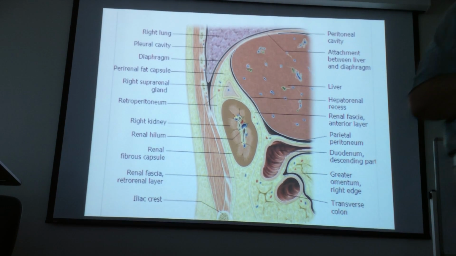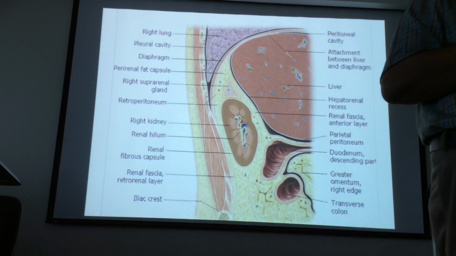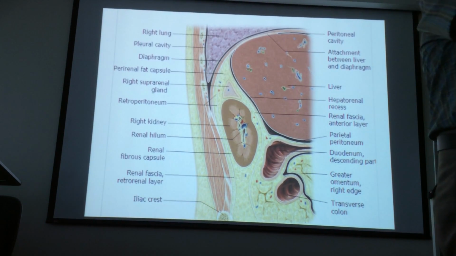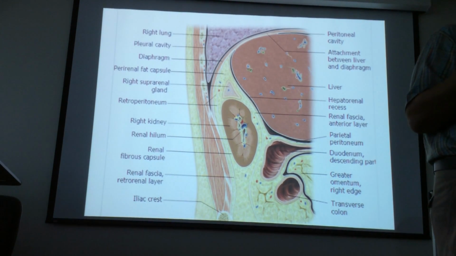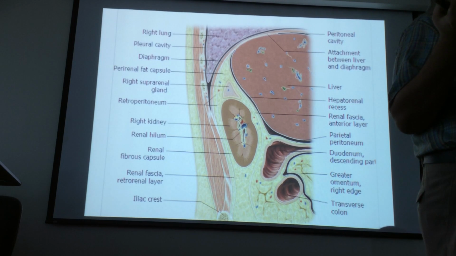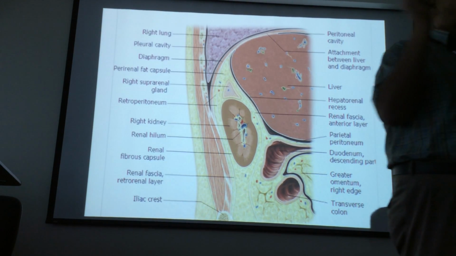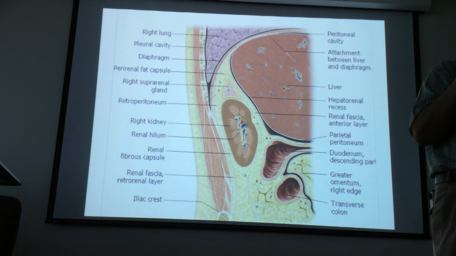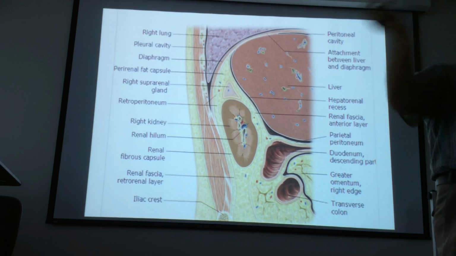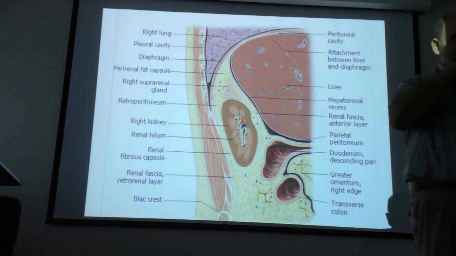Now, above the left kidney, left is not close to the pleura. Left is up, and it's not causing that. So it's only for right. This issue is only for right, not for left. Unless someone is wild, he can do everything.